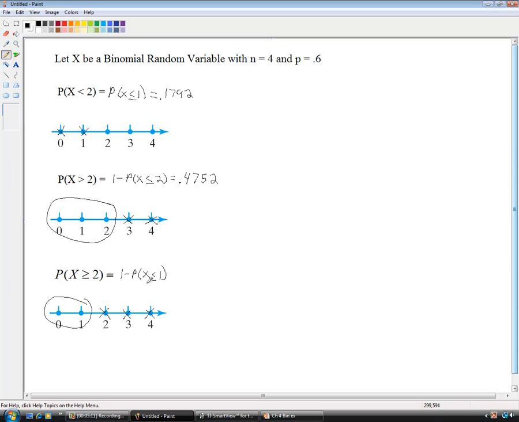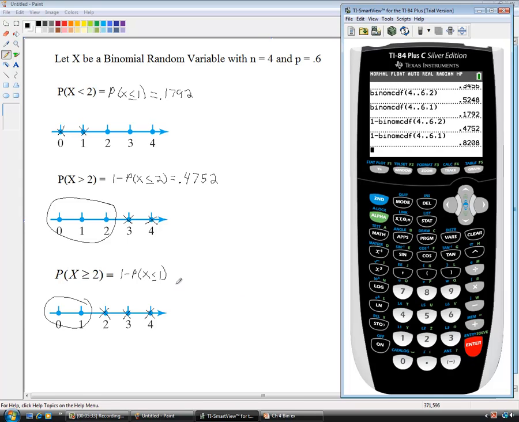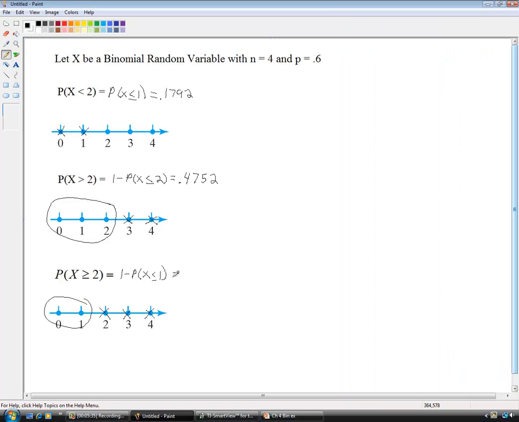And now it's in a form where we can find the CDF of this. So finally 1 minus the binomial CDF, 4, comma 0.6, but this last one will be 1. And that equals 0.8208.